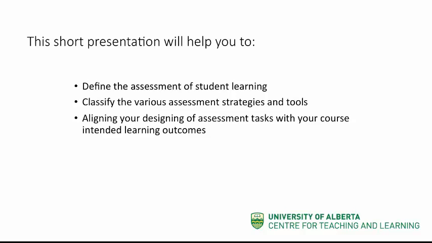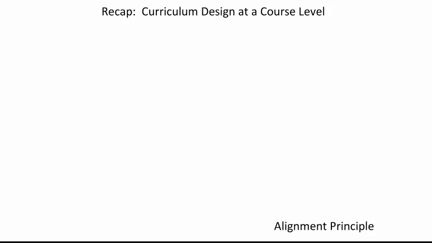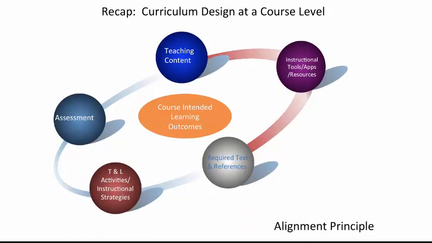But before we begin to discuss assessment, let us simply recap the message of the previous lessons, and that is about the importance of the alignment principle. The alignment principle is that principle wherein all the elements of the course, teaching content, the instructional materials, the text, the teaching and learning activities, and assessment are oriented towards the course-intended learning outcomes, and consequently with each other.